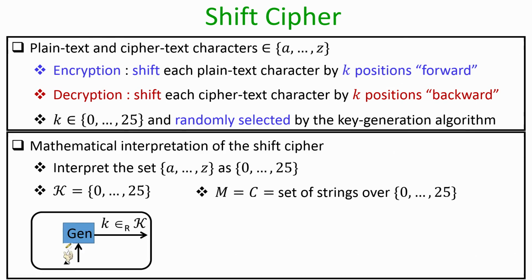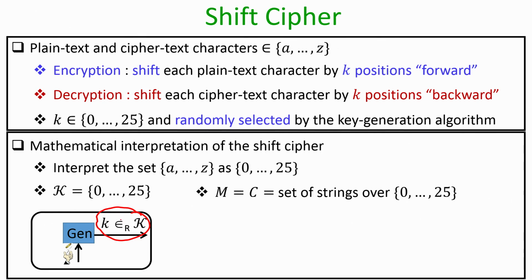So, syntactically the key generation algorithm for the shift cipher is as follows. The key generation algorithm is going to output a uniformly random value, namely small k, which is going to be the value of shift which sender and receiver are going to use, and this shift is going to be a random value from the key space.